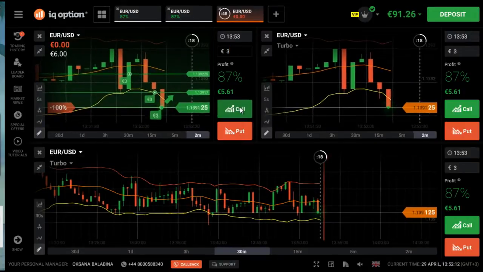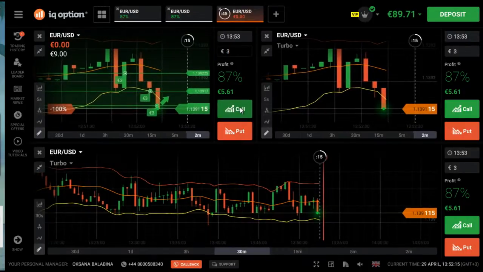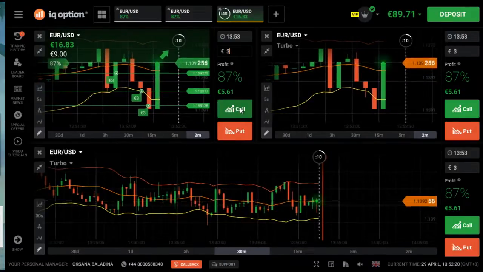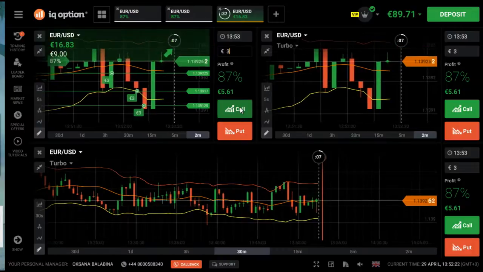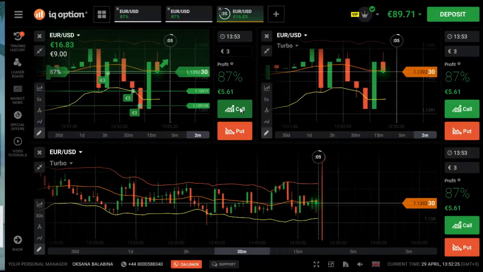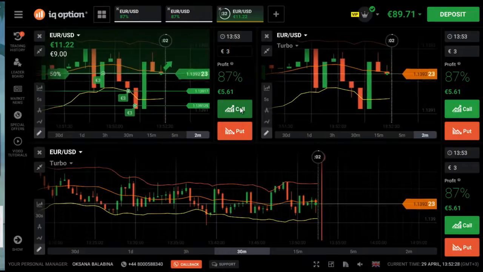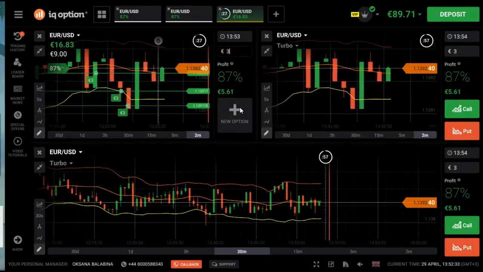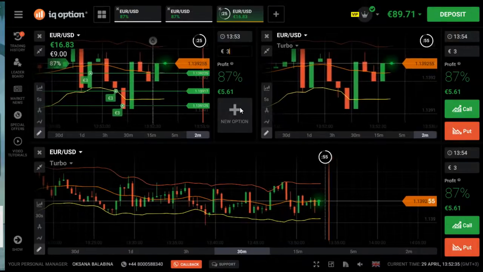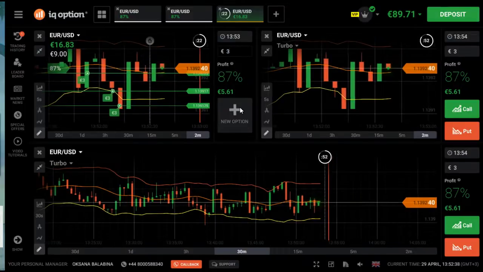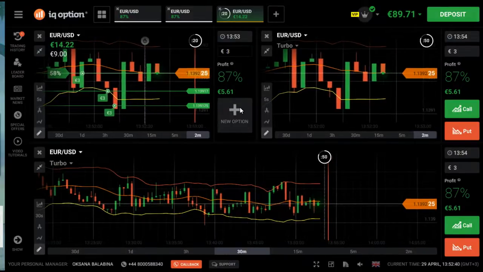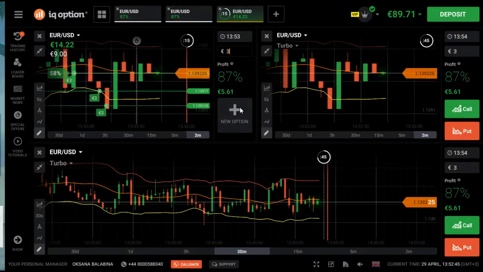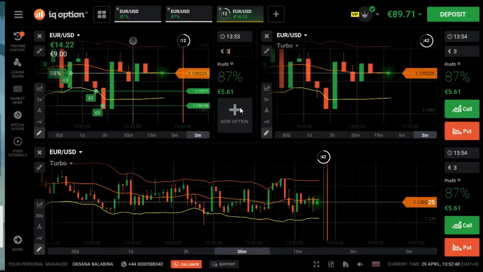Now it's going downwards, so probably I may lose this, but you will see. But I have a secondary window as a backup in case the primary window doesn't work this time. But it seems to be working. I don't know, I can win all these 3 positions, but at least I'm gonna win 2 positions, so I won't lose this one.